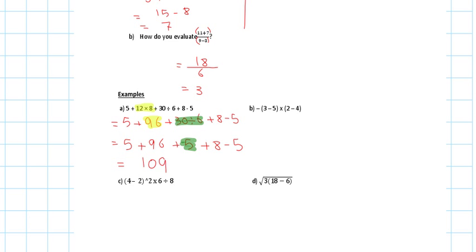So, if you have, what do you multiply by 6 to give you 30? You multiply 5. So when you divide 30 by 6, that gives you 5. So for this part, if you don't want to do it in your head, you can always enter it in the calculator as 5 plus 96 plus 5 plus 8 minus 5. And the answer is 109. Try the next one. Let's see what you guys can do.